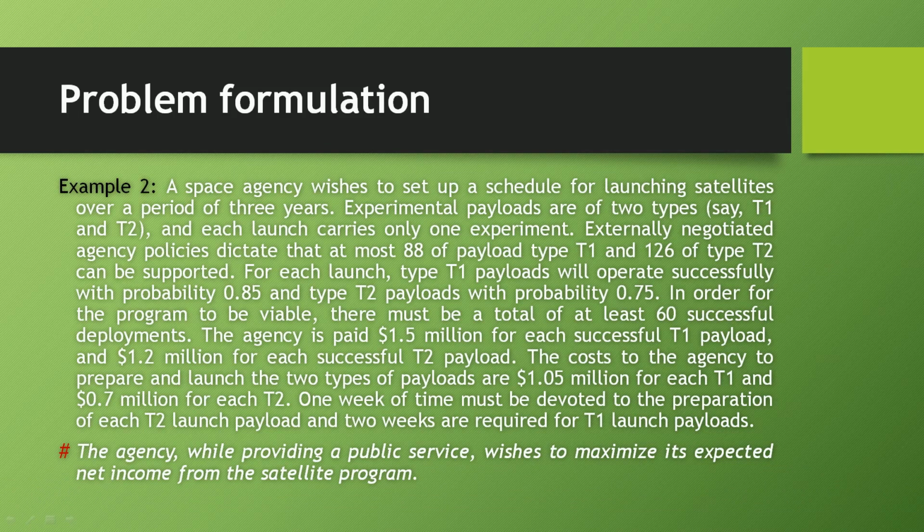One more data is given, which is here. 1 week of time must be provided for the preparation of each T2 launch and 2 weeks are required for each T1 launch, and the maximum amount is given here: a period of 3 years.